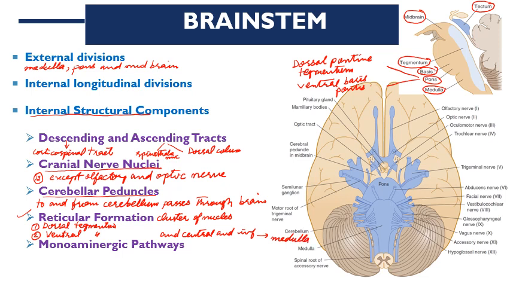The fifth component that we include in the internal structure of the brainstem are the monoaminergic pathways. These are three in number. Number one, serotonergic pathways.